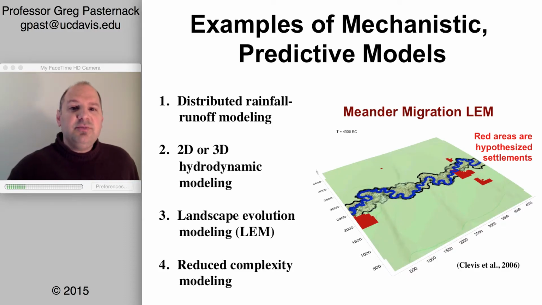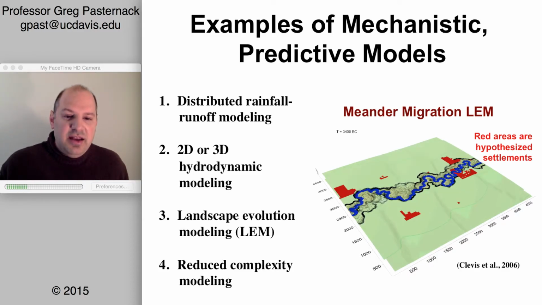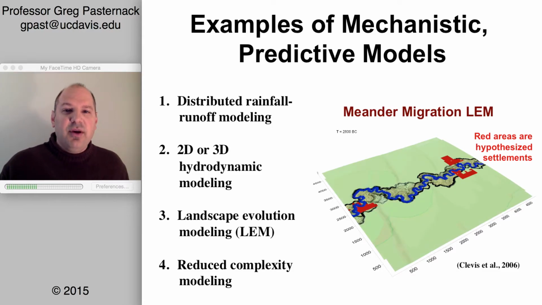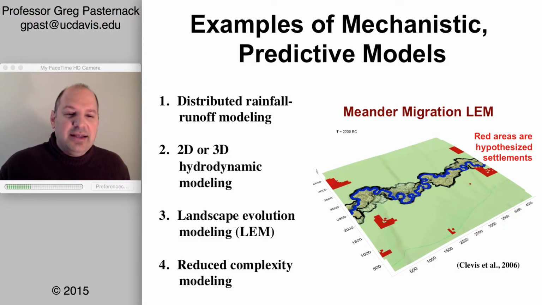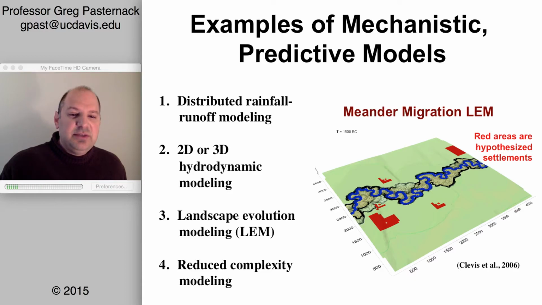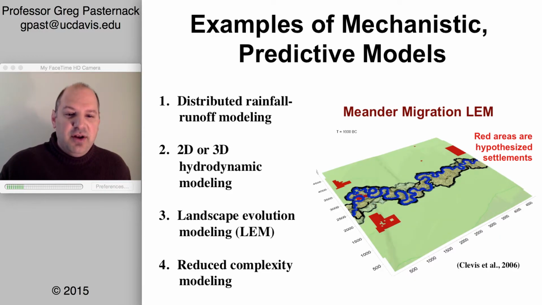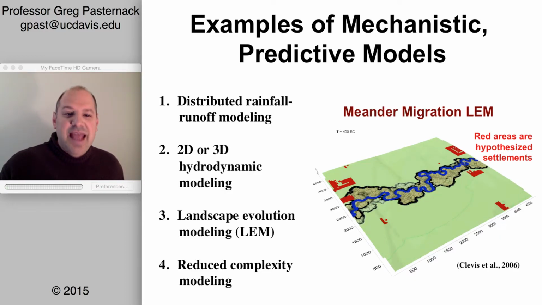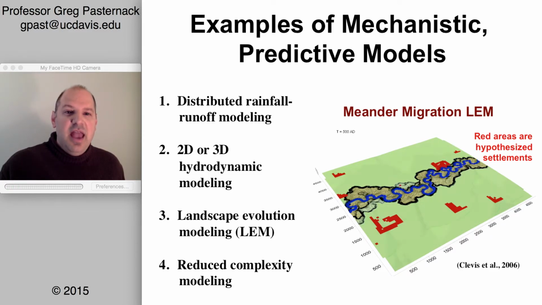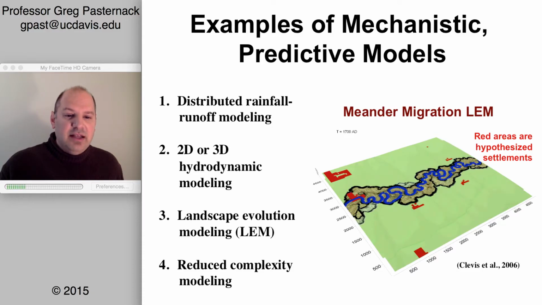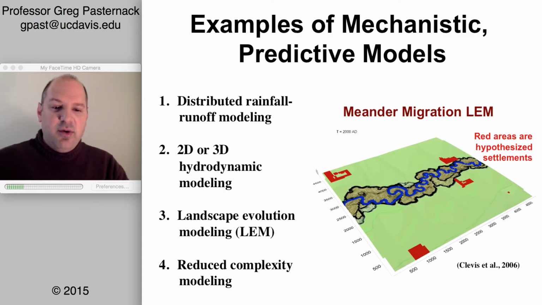And we can use models like this to guide our understanding. A lot of times what happens in the rivers is governed by random processes. So it's hard to get the specific trajectory of the future figured out. But we can see what the tendencies of rivers would be. And that's where this kind of mechanistic predictive modeling really provides its strongest use in river restoration and management.